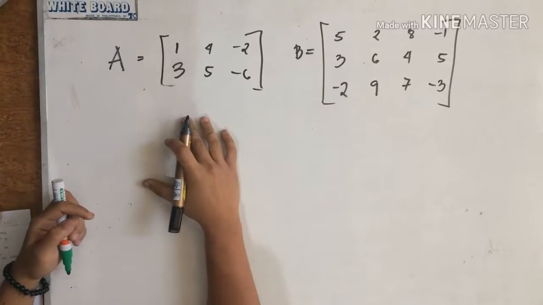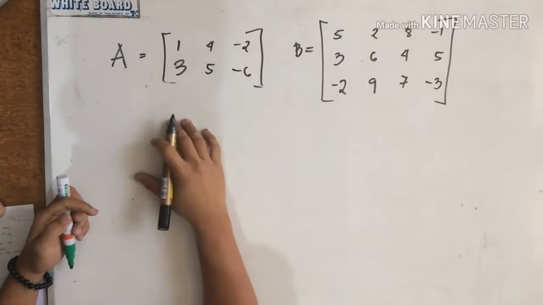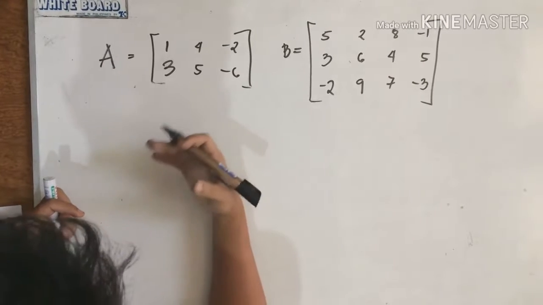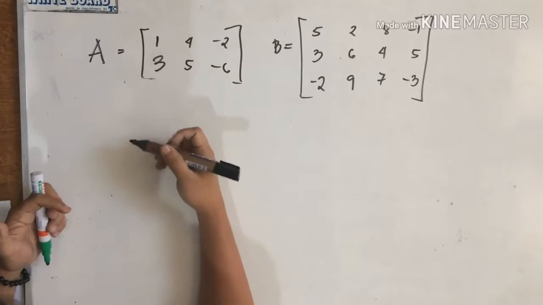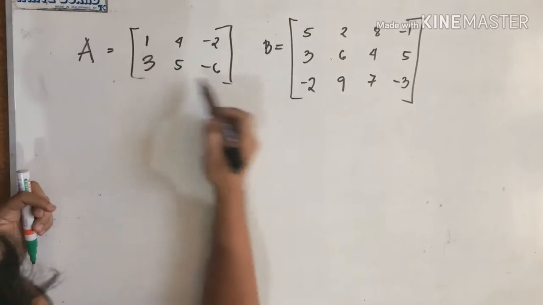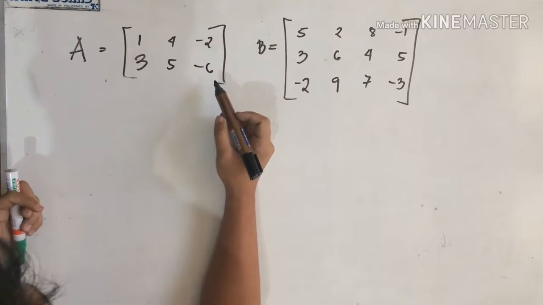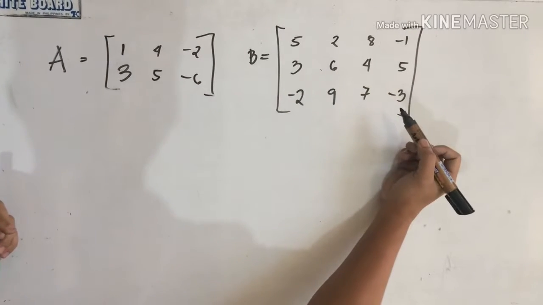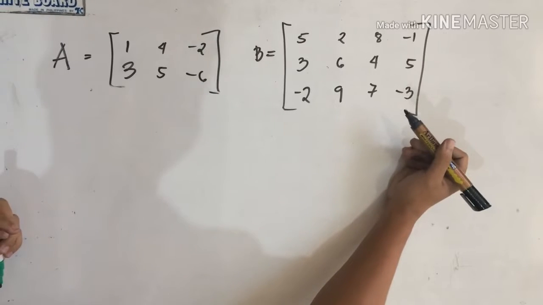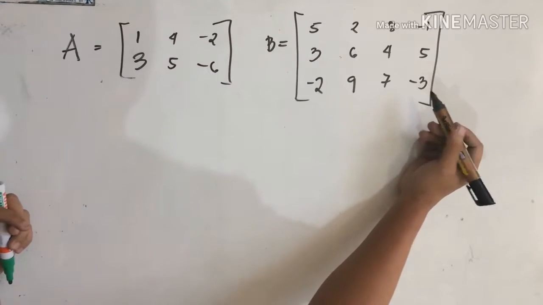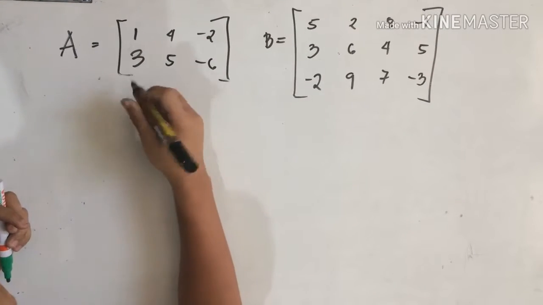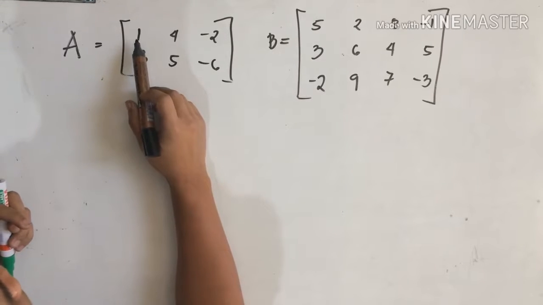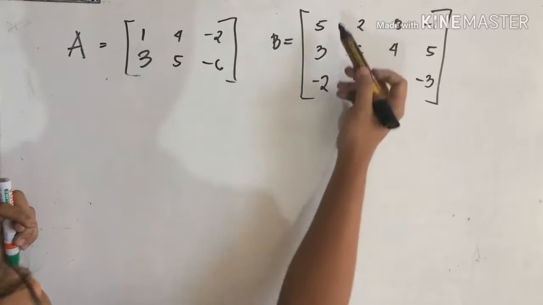Now let us go ahead and multiply these two matrices. So what we are going to do is to multiply each row to the columns of matrix B. So for example, we are going to multiply this row with this column.